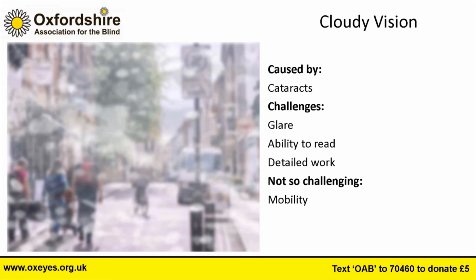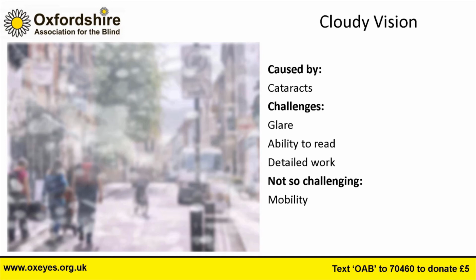But the biggest challenge of this is glare. So if you imagine the light now being scattered on the back of the eye, causing a lot of issues with glare, light sensitivity, ability to read. Obviously, we can see it's going to be very challenging to read. Detail work. So like we said, seeing anything in detail close up can be really challenging.